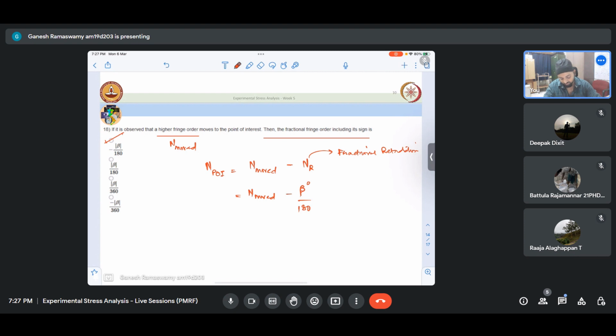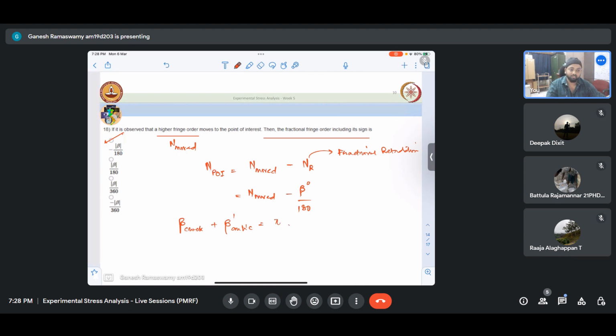When we do Tardy's method of compensation, if I rotate it one way, I'll be able to see that the lower fringe order goes to that point. If I rotate it the other way, the higher fringe order will come to that point. So if I rotate clockwise by beta and anti-clockwise by beta dash, this will be essentially equal to pi. That is my check.